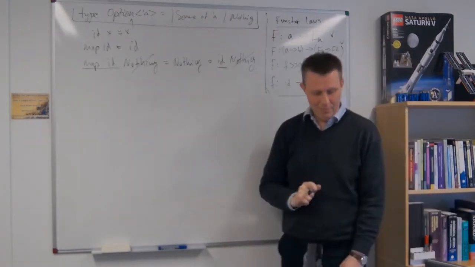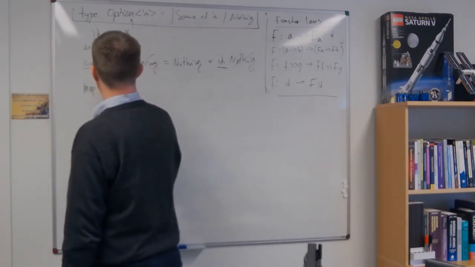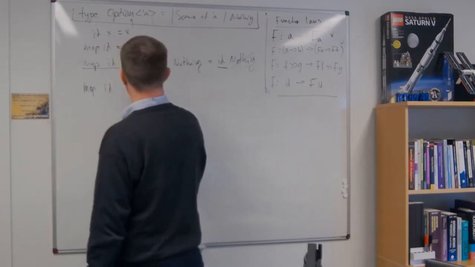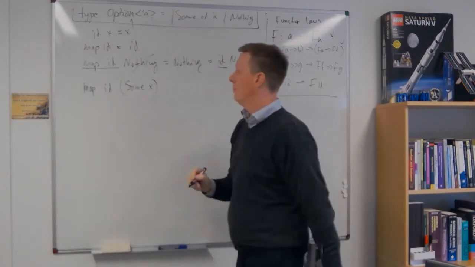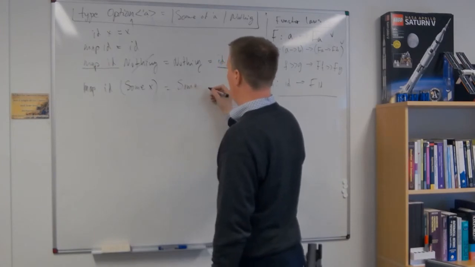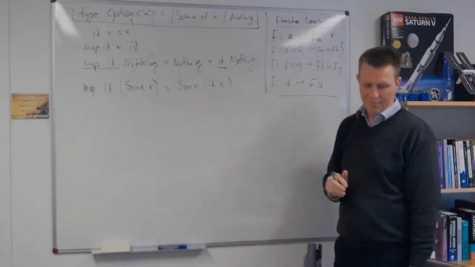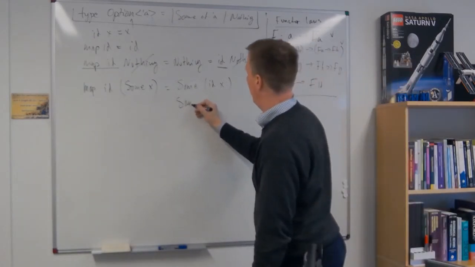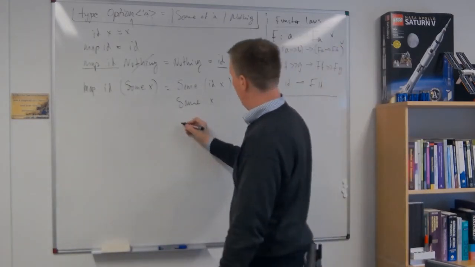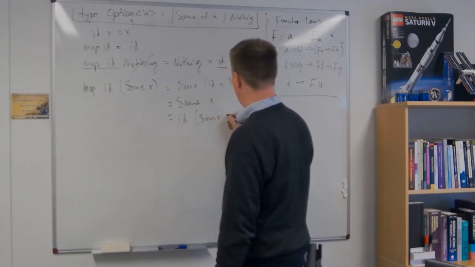Okay? So let's do the some case. Map ID onto some x. Well, we know that this is equal to some ID x, which is the same as some x, which again is the same as ID of some x.